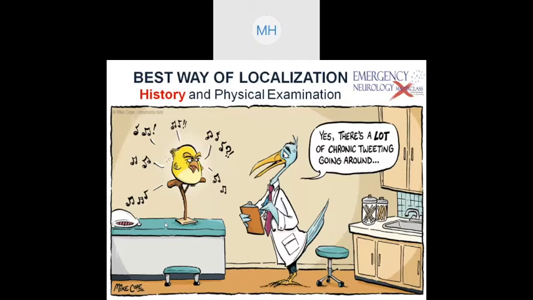So you will not miss any history if you go through all the anatomical lesions from upper motor neuron to lower motor neuron accordingly. Your physical examination also follows that pattern.